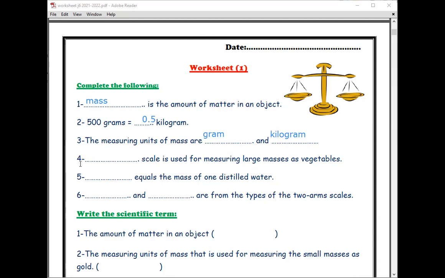Number 4, what scale is used to measure the large masses such as vegetables? We have 2 types of scales, 1 arm scales and 2 arm scales.